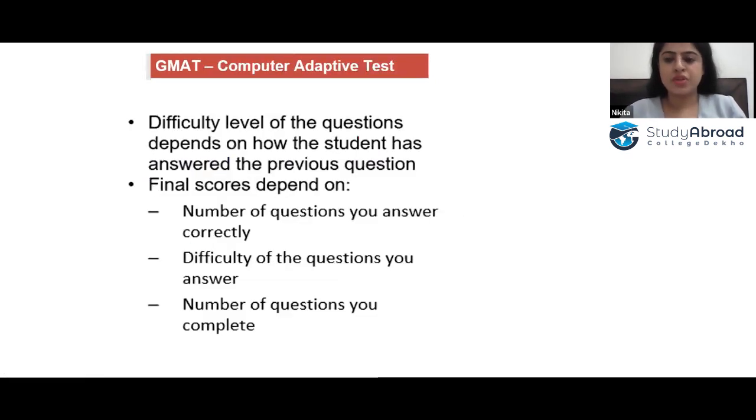Before starting, you should know one very important aspect of the GMAT: it is a computer adaptive test. What do we mean by that?